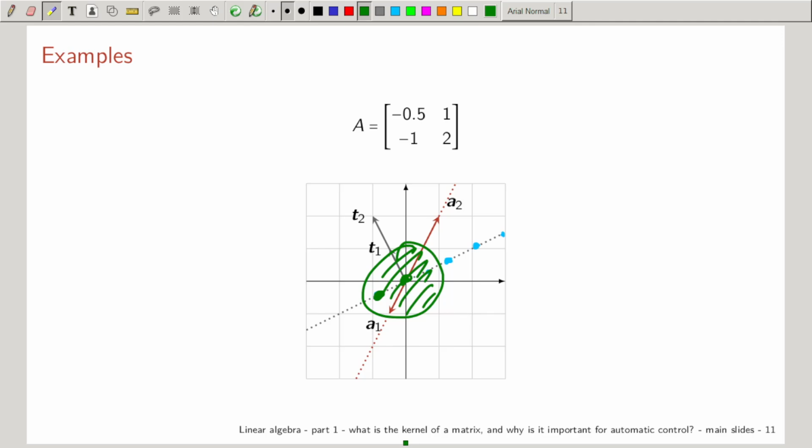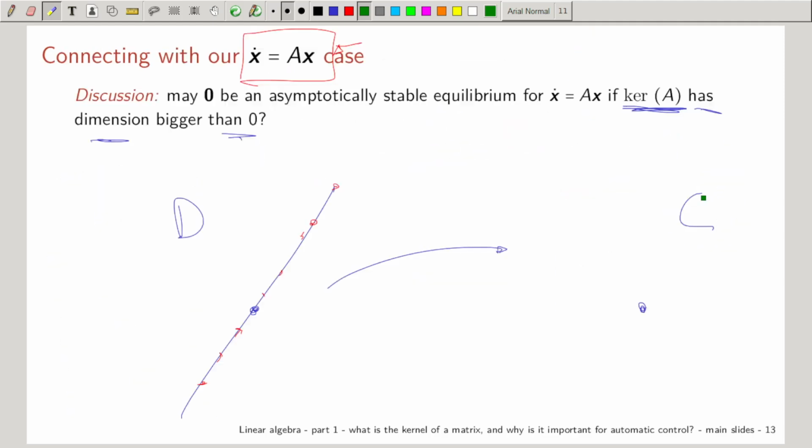It can't be convergent. A necessary condition for having convergence in a linear time-invariant system is that the kernel is trivial at this point. Okay? How much are we together, people? Okay.